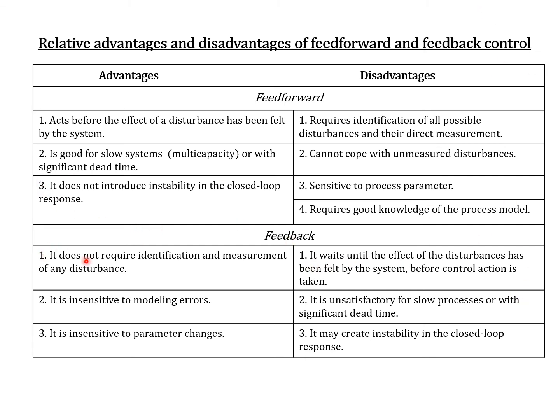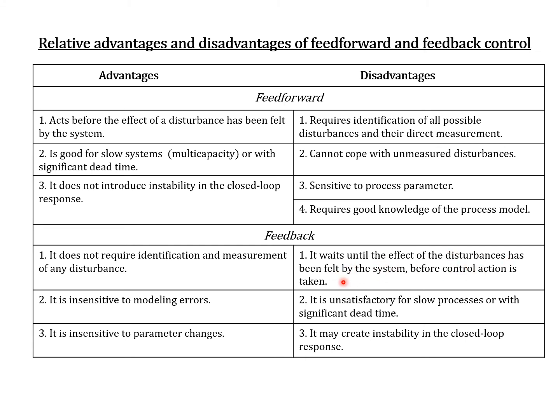For feedback, the advantage is that it does not require identification and measurement of disturbance. It's insensitive to modeling errors. You don't need to know the modeling errors in detail for feedback. Neither is it sensitive to parameter changes, because you're just measuring the feedback, comparing the error, and then implementing the PID. But the disadvantage is that it waits until the effect of disturbance has been felt before control action is taken.